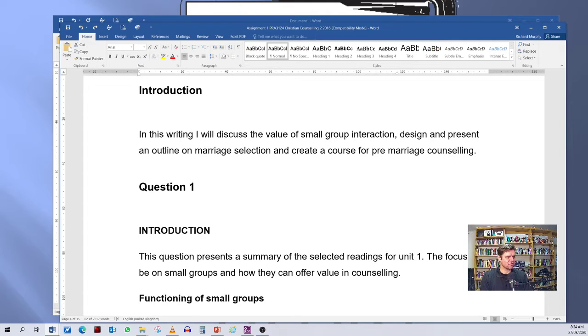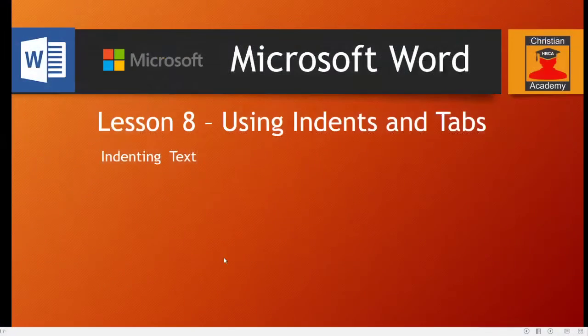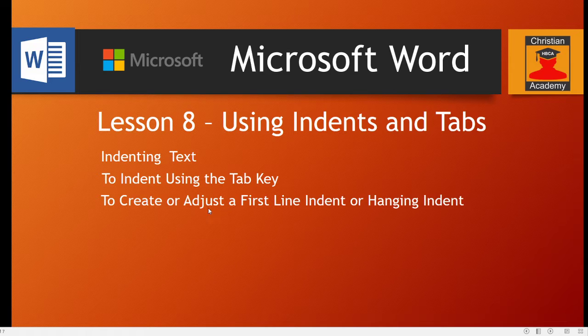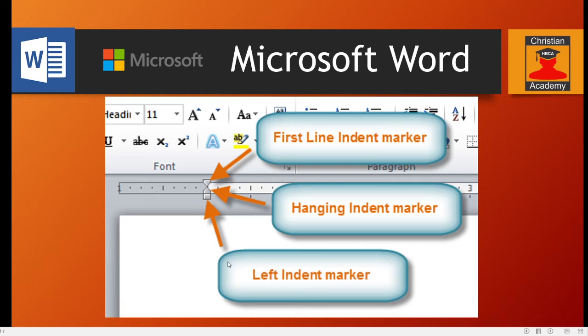I want to go back to the PowerPoint slide and run through the rest of indents: using the tab key, which I showed you, creating and adjusting the first line indent, and using the indent commands, and then we're going to get to the tabs.